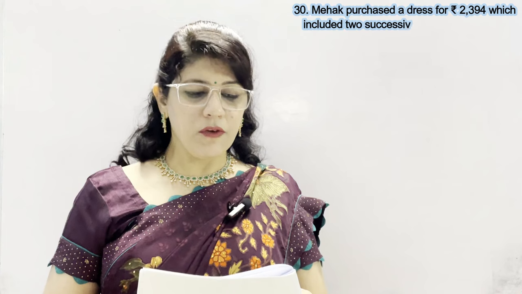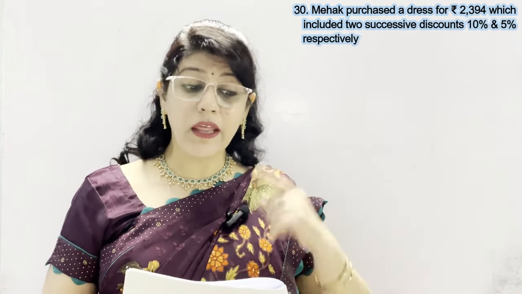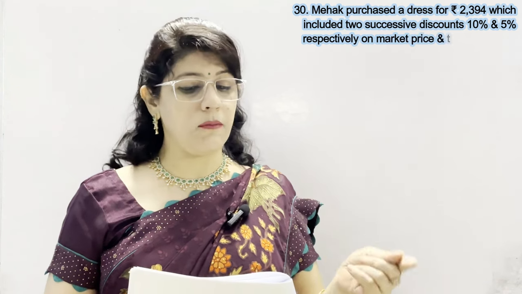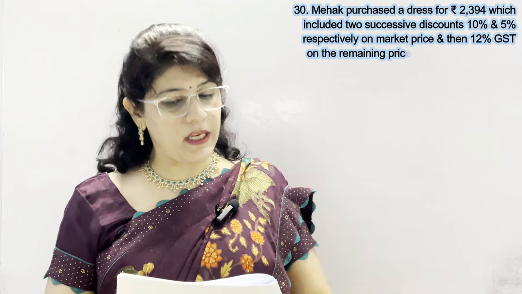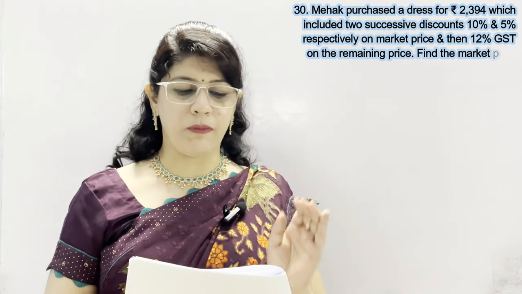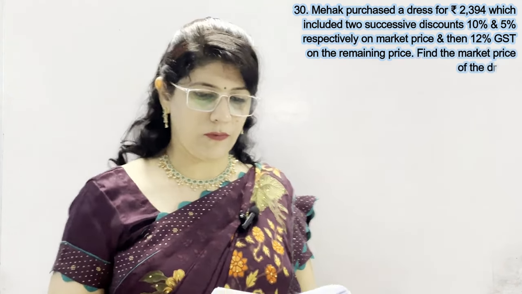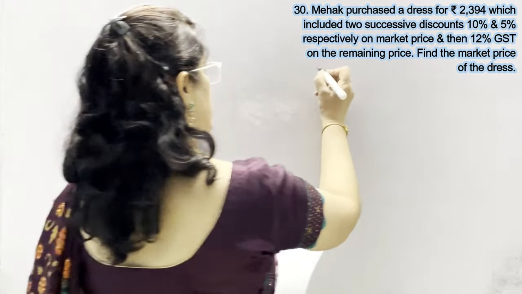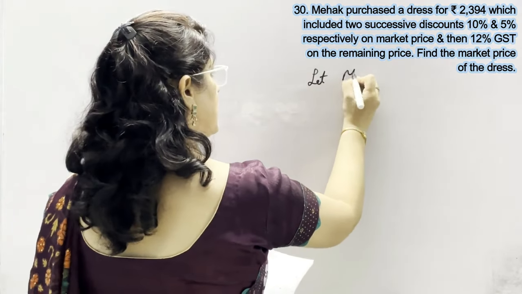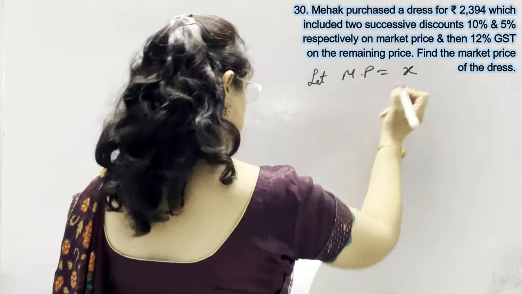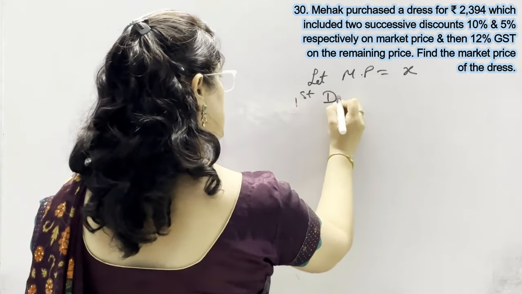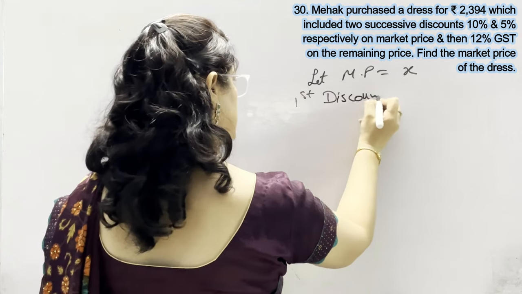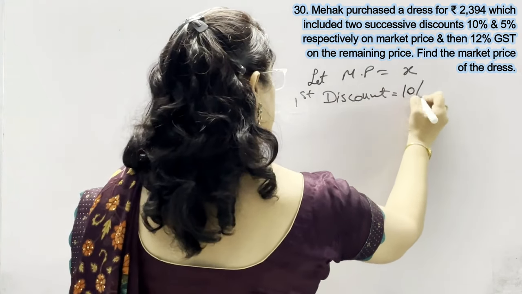Now coming to question number 30, Mehak purchased a dress for rupees 2,394, which included two successive discounts, 10% and then 5% respectively on the marked price, and then 12% GST on the remaining price. Find the market price of the dress. So here we have to assume, let marked price of the dress is rupees X. Now value of first discount given as 10%.